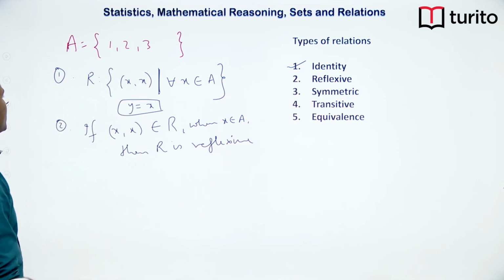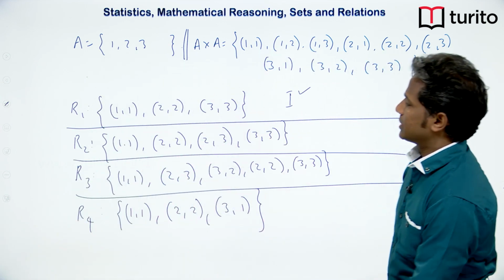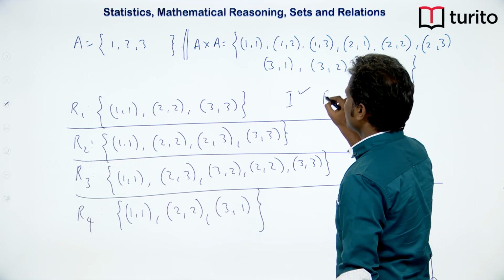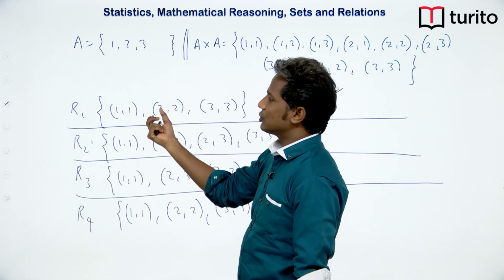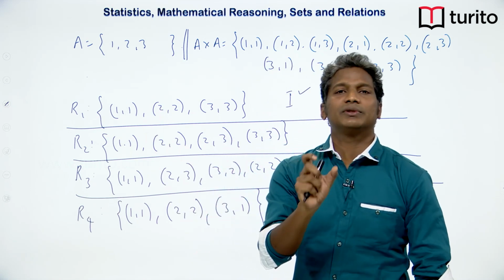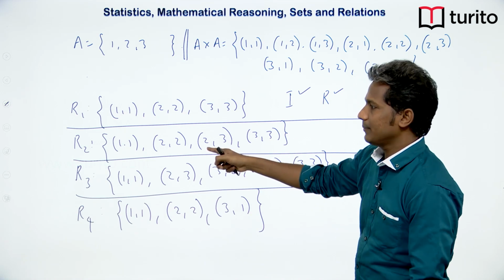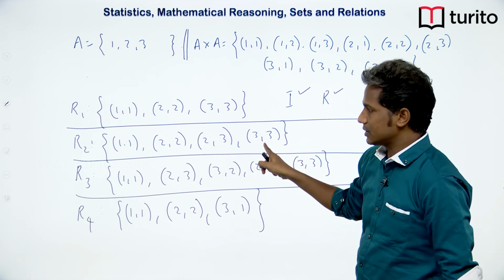Okay. So, that means here if we observe, out of all these relations, how many are reflexive relations? This first one is definitely reflexive relation because it contains all possible ordered pairs of the type x comma x. Now, similarly, if I check the second, 1 comma 1 is present, 2 comma 2 is present, 3 comma 3 also present.